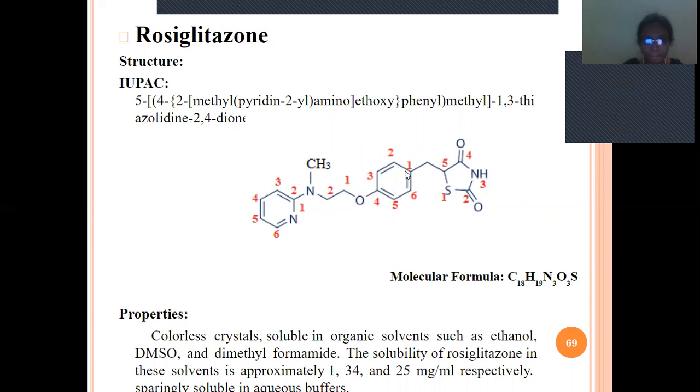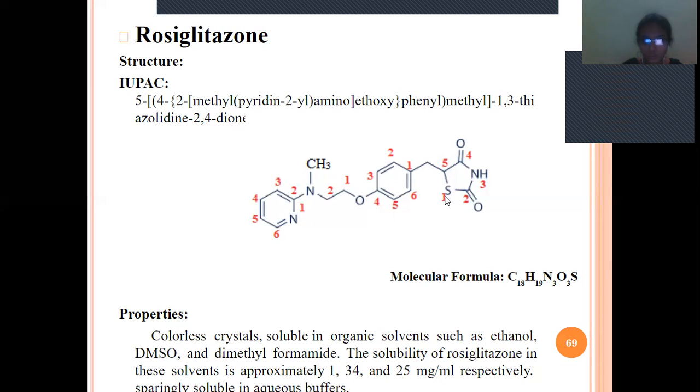Here methyl; pyridin-2-yl means the second position of the pyridine is attached; here amino; 2 carbon atoms with 1 oxygen atom is ethoxy; this is phenyl, methyl, 1,3-thiazolidine.